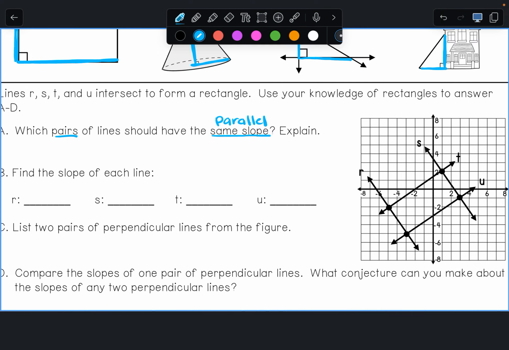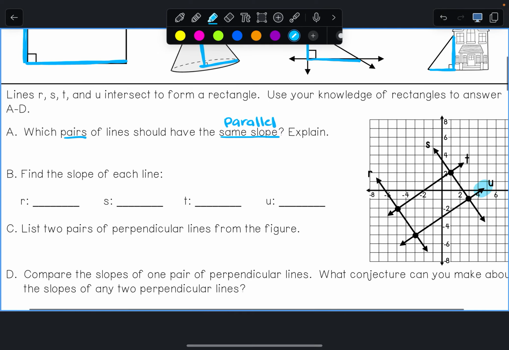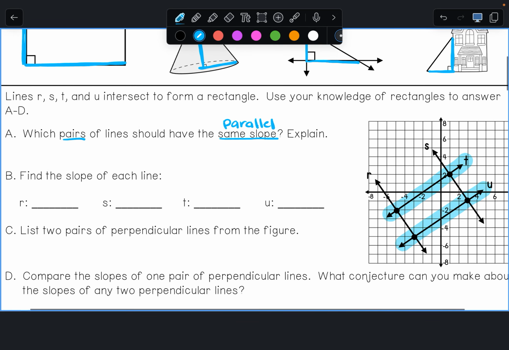U and T. Very good. All right, give me another pair. R and S, or S and R.